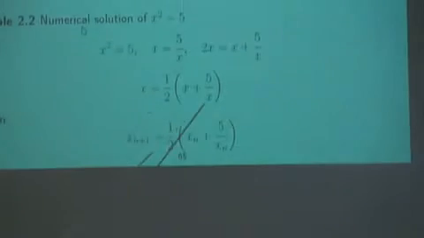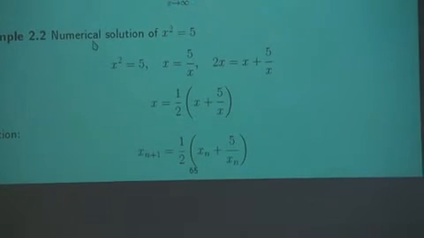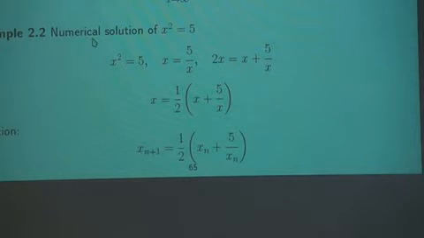Oh, this is not nice. No, we don't take 0. That's not a good idea. Let's take 5. And then this is 1 plus 5 is 6 divided by 2 is 3. So you see, 5 is not a fixed point of this equation.